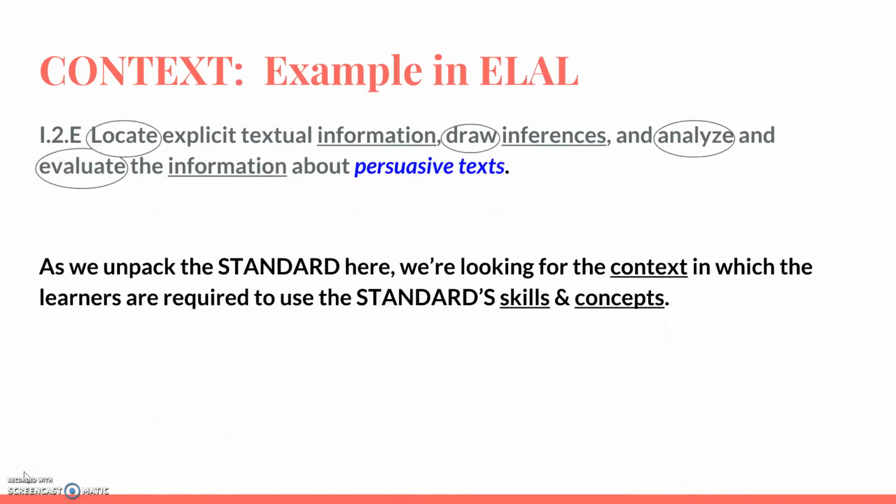Here is our familiar content standard. You will see the verbs or skills circled, the nouns or content underlined, and you'll see the context written in blue. The context in this standard tells us the situation in which the students will use the skills and the content.